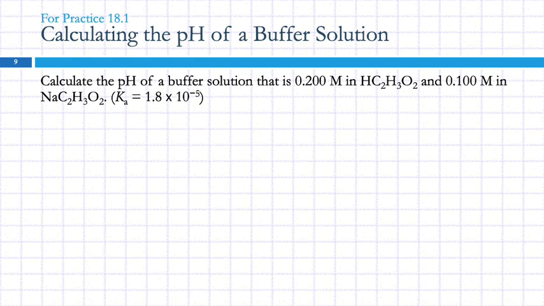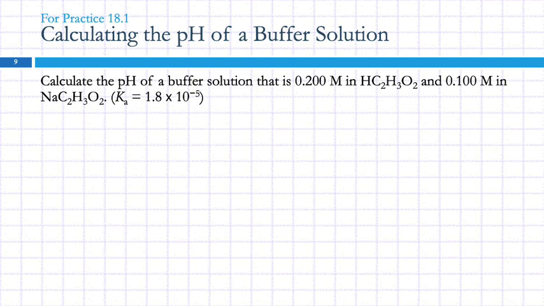So calculate the pH of a buffer solution that is 0.2 molar in HC2H3O2 and 0.1 molar in NaC2H3O2. And Ka for this acid is 1.8 times 10 to the minus 5. Well, we need to write a chemical equation.